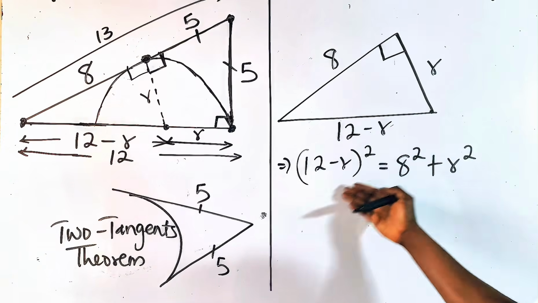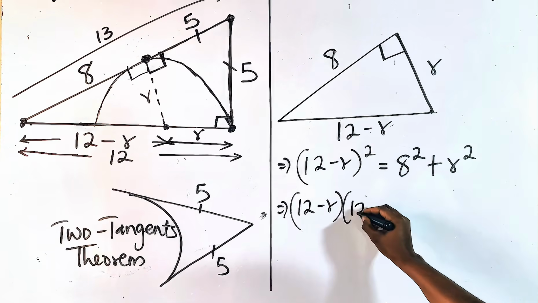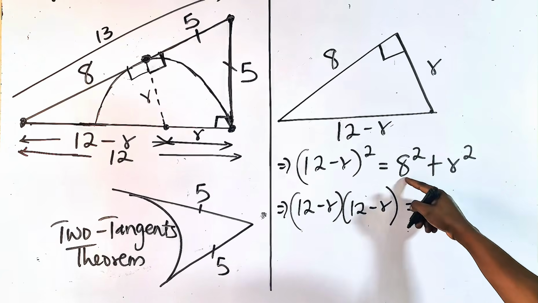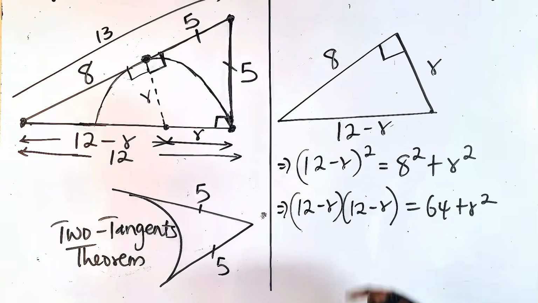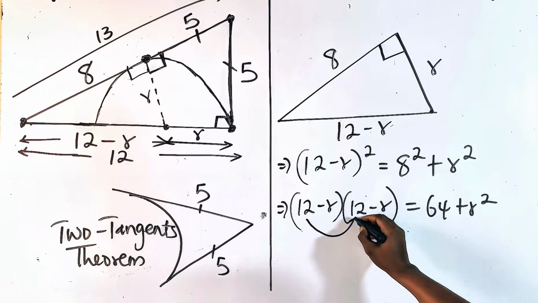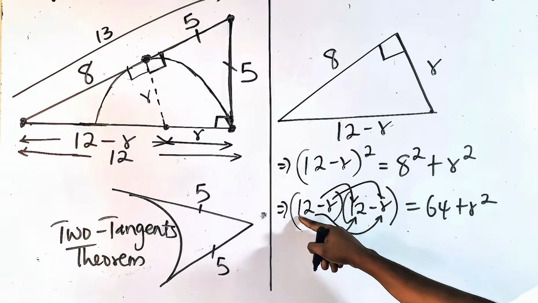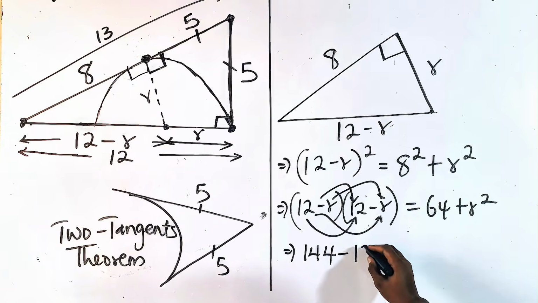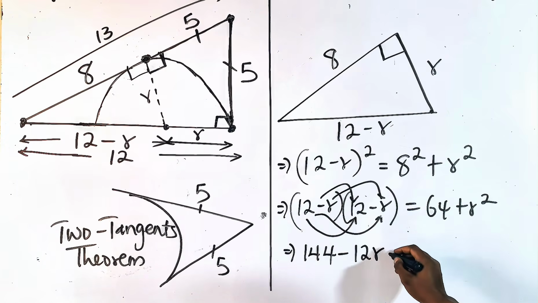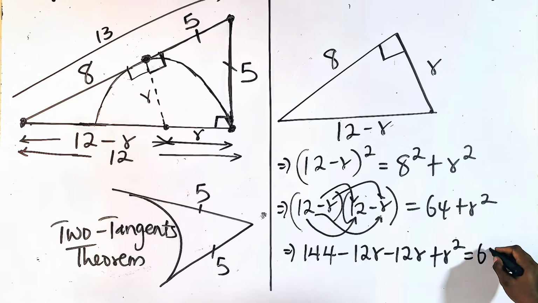Let's open this up: (12 minus r) squared is equal to 64 plus r squared. Let's distribute: multiply this and also this. It gives us 144, then negative 12r, then negative 12r again, and r squared is equal to 64 plus r squared.